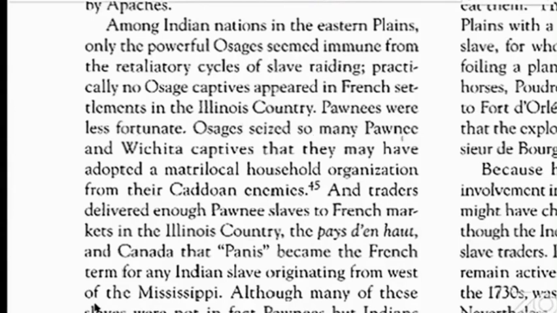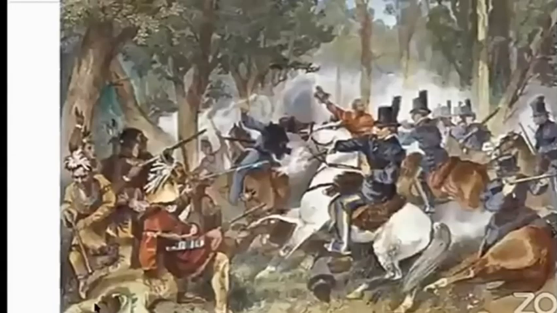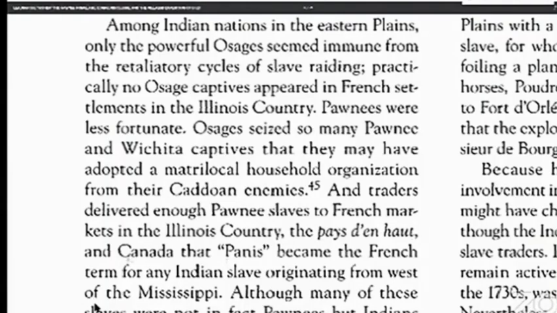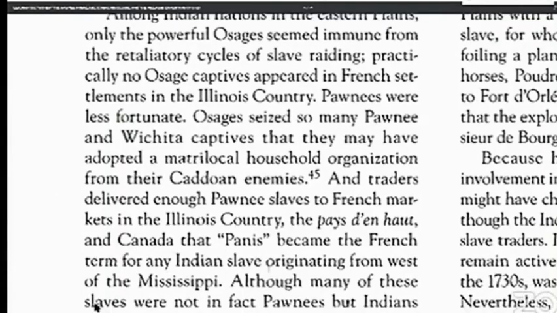Pawnees were less fortunate. Osages seized so many Pawnee and Wichita captives that they may have adopted a matrilocal household organization from their Caddoan enemies. And traders delivered enough Pawnee slaves to French markets in the Illinois country, slave traders, in Canada, that Pawnee became the French term for any Indian slave originating from west of the Mississippi.